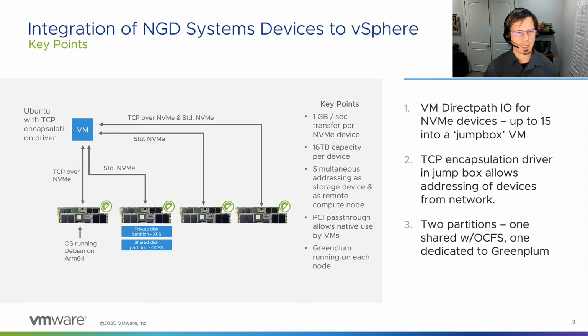That partition is able to share files in real time with the VM into which the device is mapped. So the VM will see, let's say, 4 OCFS file systems, and it can access them all simultaneously as though they were local partitions. The XFS partition is not shared. It's used exclusively by the local Greenplum installation that's on the NVMe device.